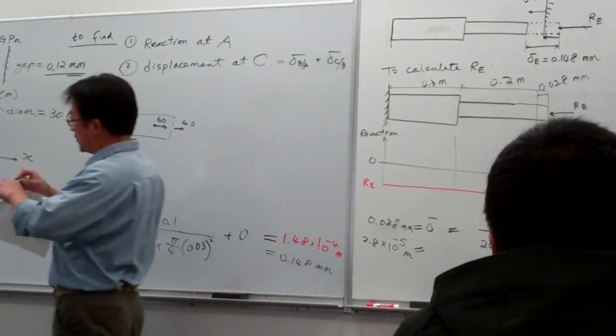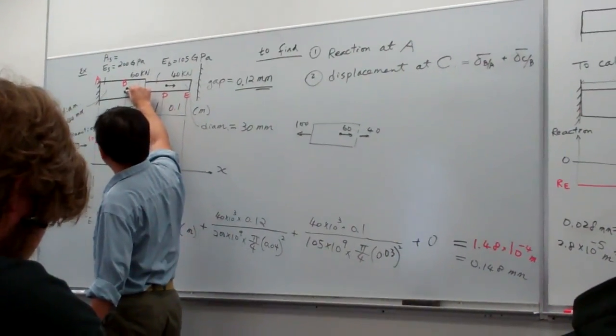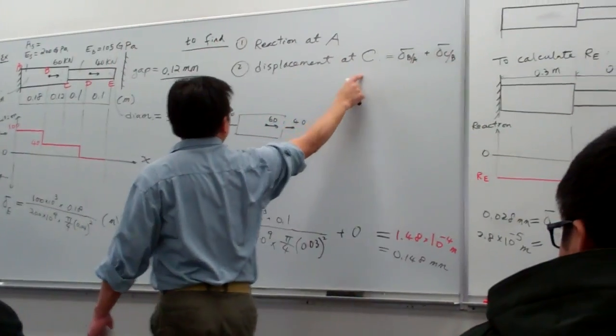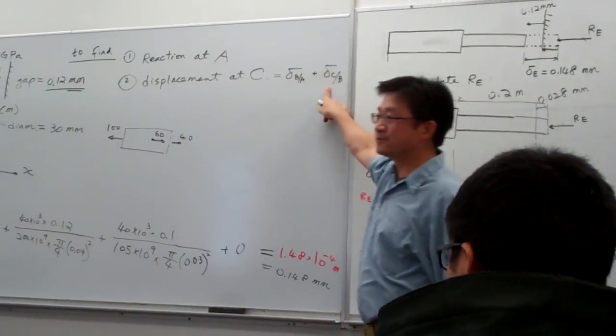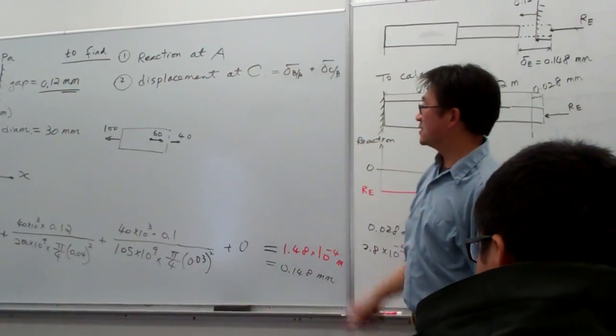Simply, the displacement of this point C is relative to B, which is in turn relative to A, and A is fixed. So in concept, C is formulated like this.